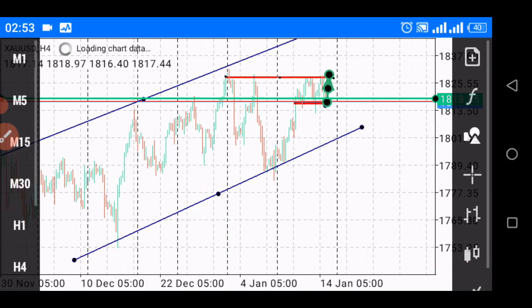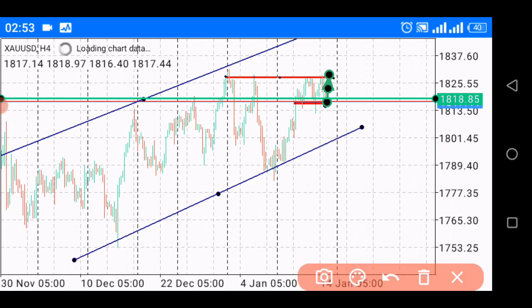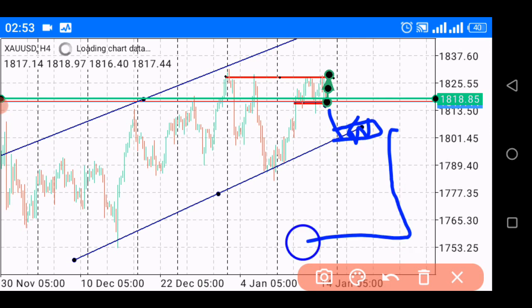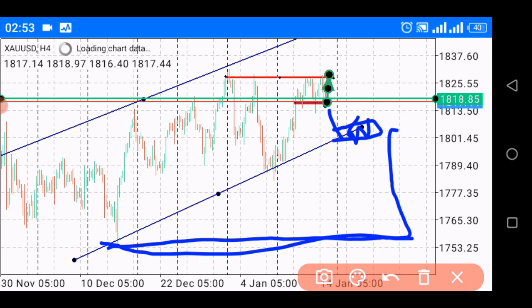Then we probably have a retracement or a consolidation here. Then we are expecting another movement to this place, the starting point of this channel, and our second take profit is going to be here, the starting point of this channel.